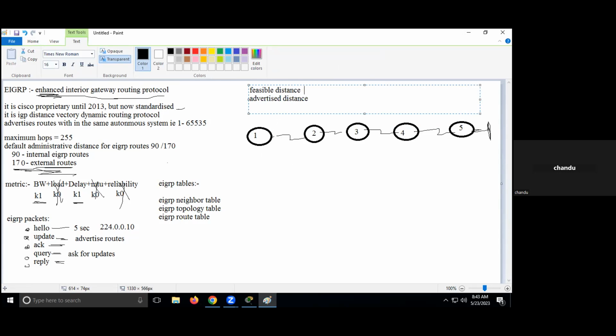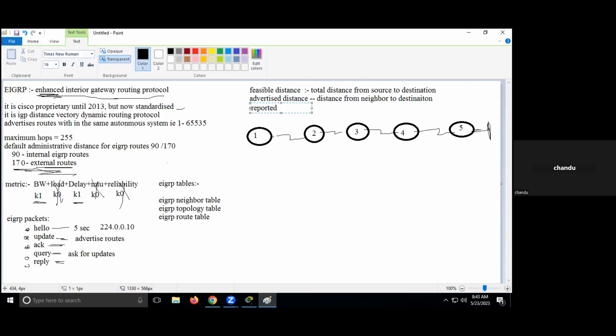When you go for the feasible distance, it is the total distance from the source to the destination. But when you go for the advertised distance, it is the distance from the neighbor to the destination. This advertised distance is also known as reported distance.